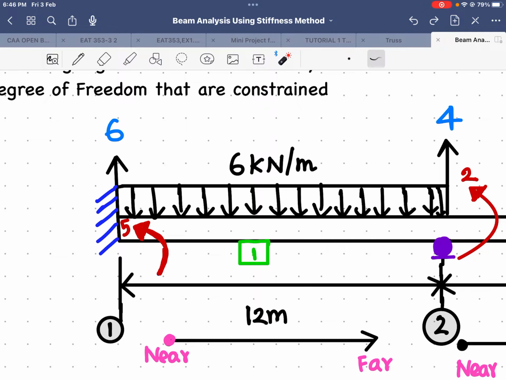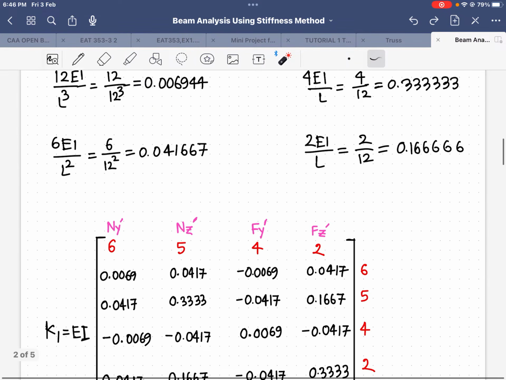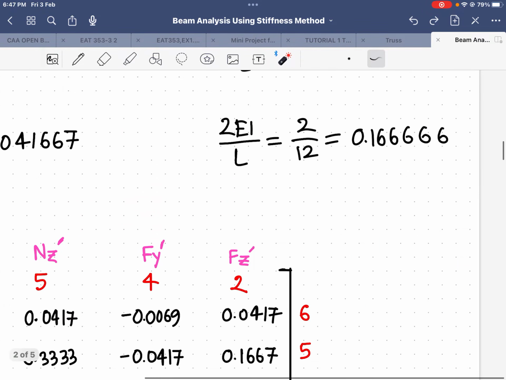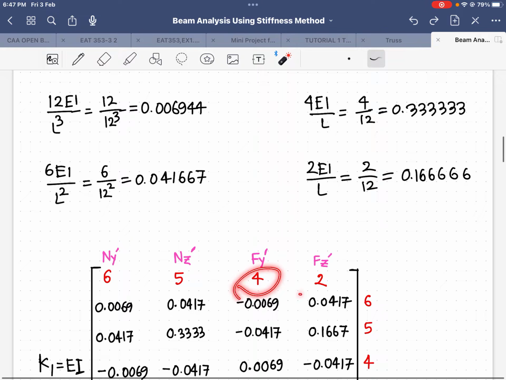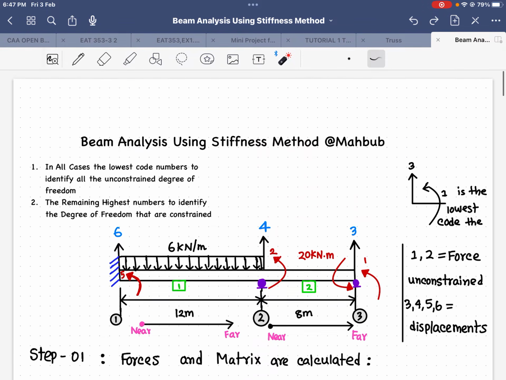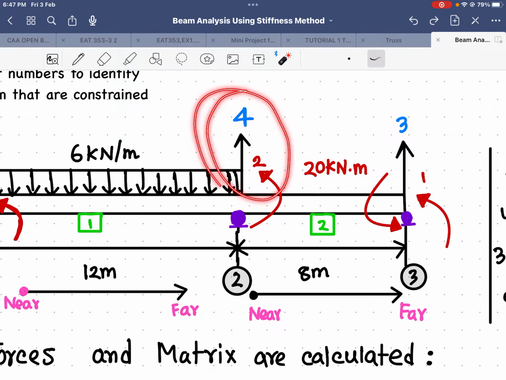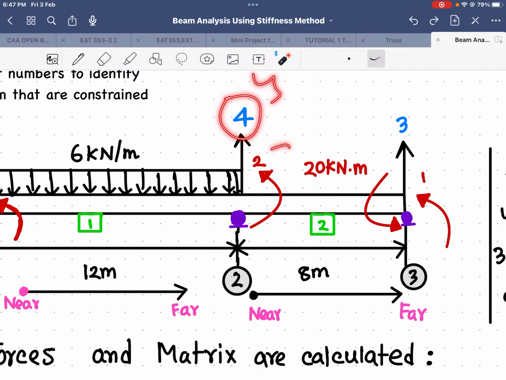So easily we can find these, and I just plug in the values as 6 and 5. All right, for the 4 and 2, for member 1, this is the far point. So the far point has two codes, 4 and 2. I see this is the y value and this is the z value.